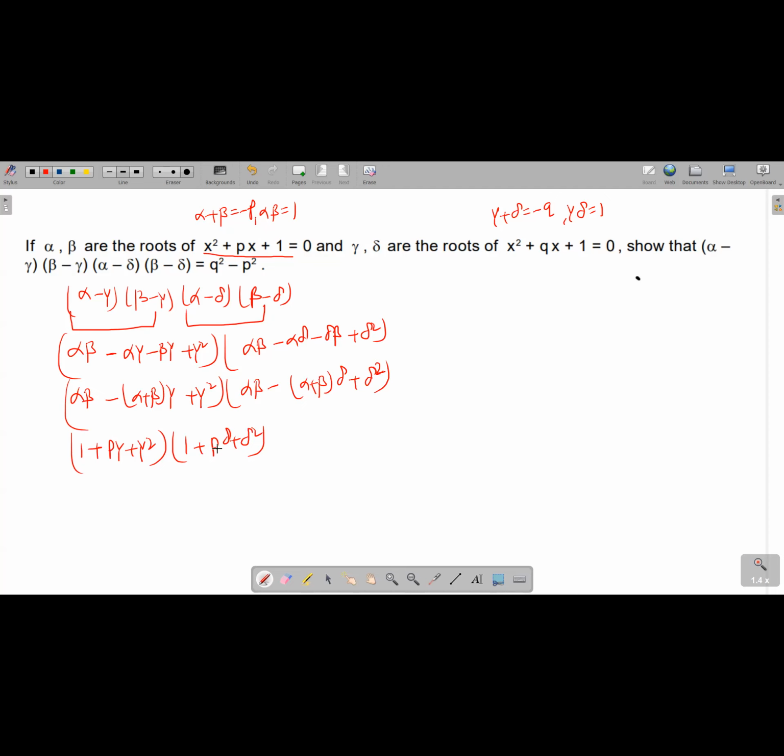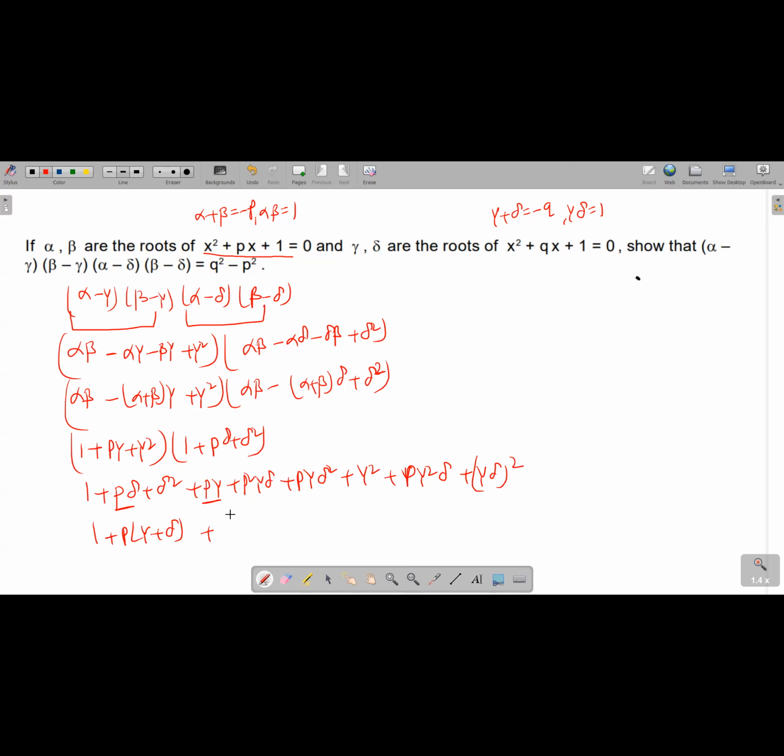Correct? Now multiply these two terms. So 1 multiplied by each of the 3 terms: p square gamma delta plus p gamma into delta square plus gamma square plus p gamma square delta plus gamma delta whole square. So 1. Now we have delta here and we have gamma here. So take p out, so gamma plus delta.